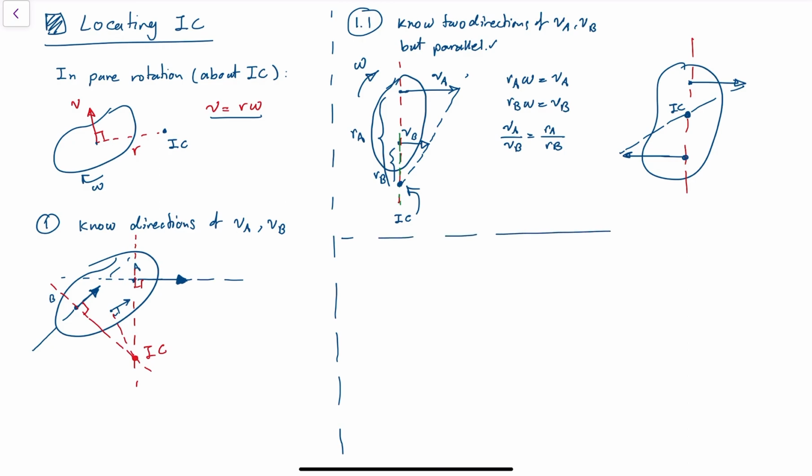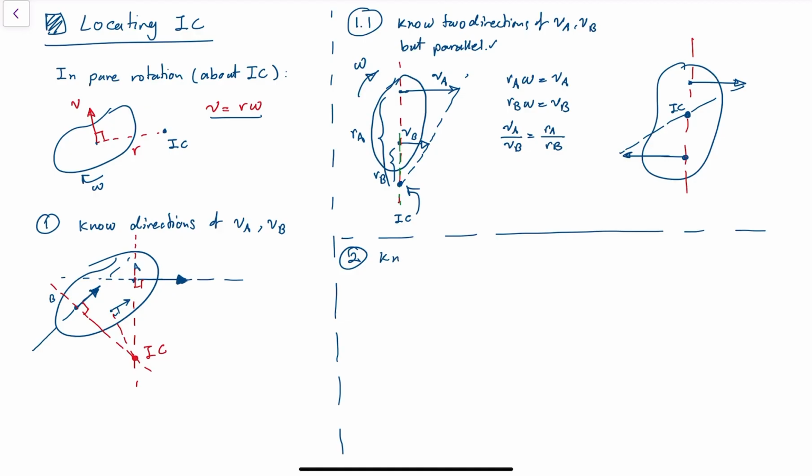Another condition that may arise quite frequently actually is when you know something about the actual angular velocity. So note that here we didn't need to know angular velocity, but if you know it, that is another piece of information you can use.